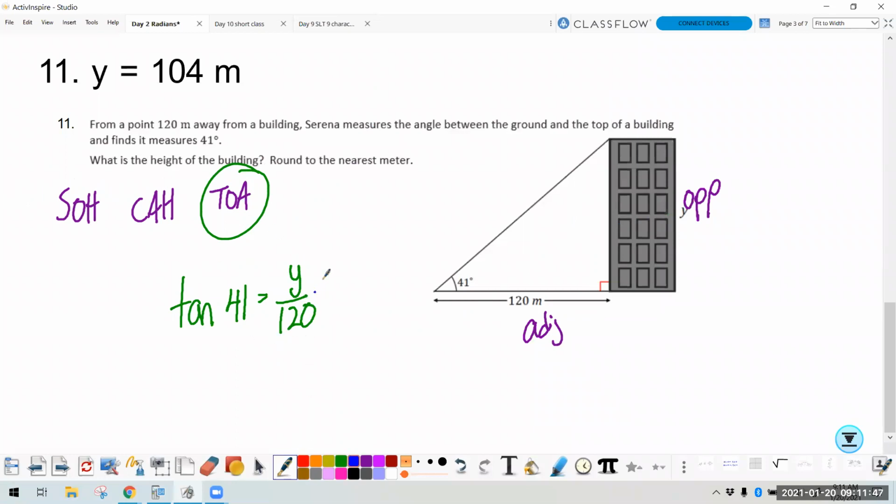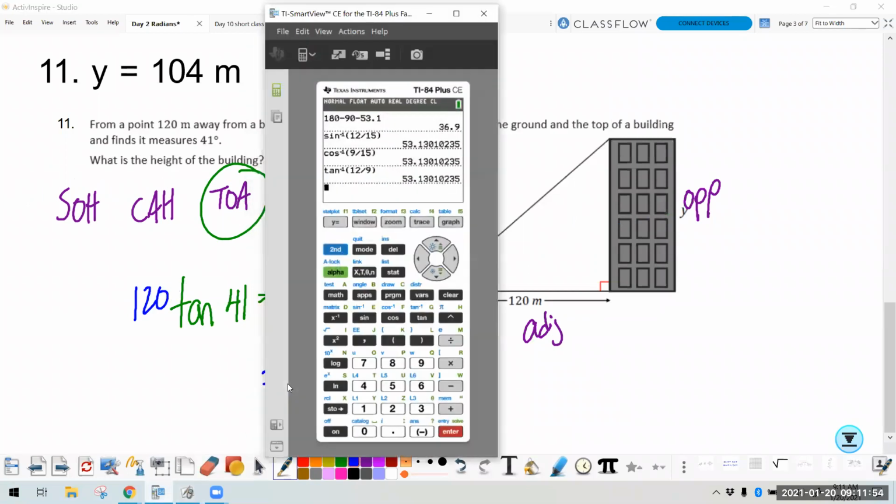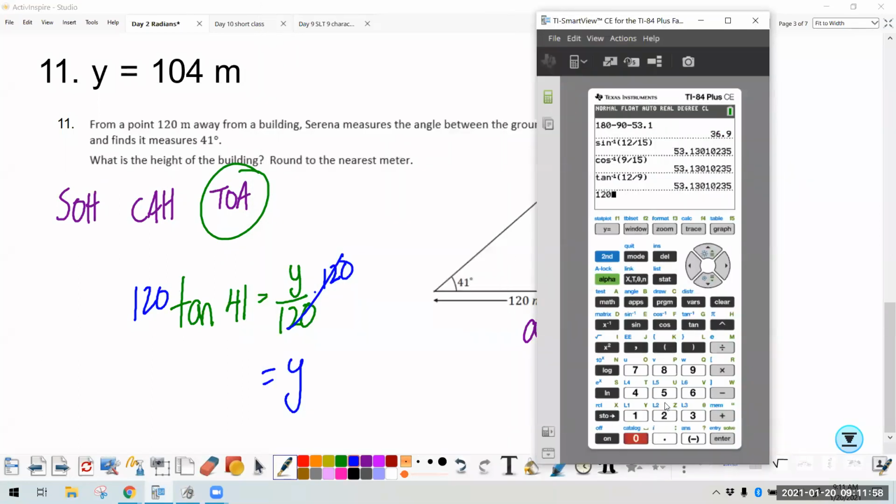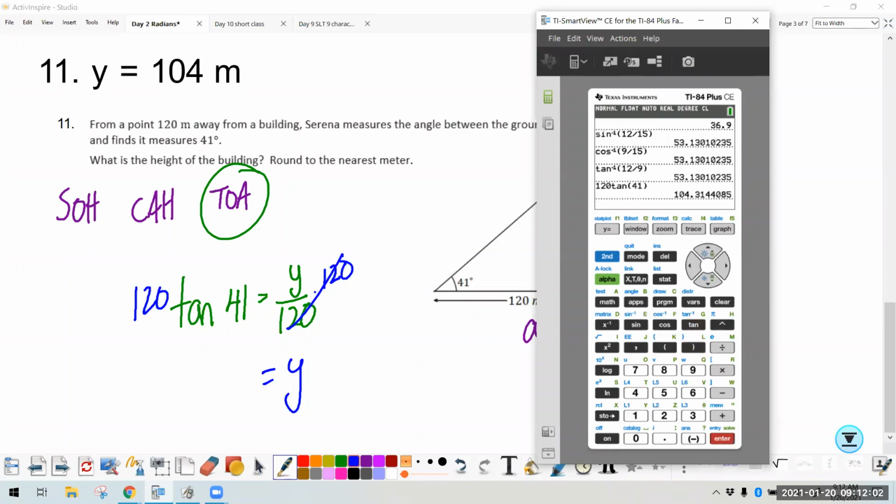To isolate the variable, we'll multiply by 120. Take out my handy calculator. And the directions say round to the nearest meter. That's a whole number, no decimals. So that's why this is 104 meters.